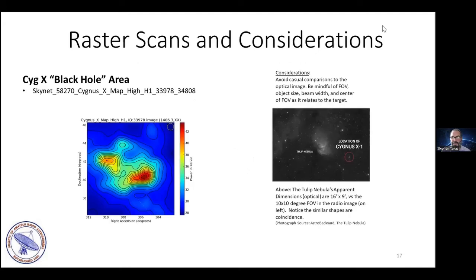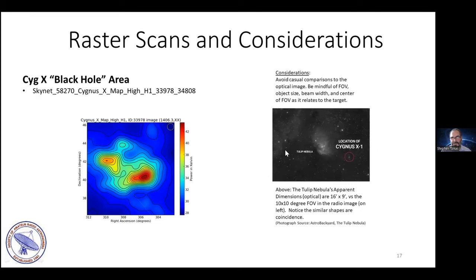Here's one. Next one here. Here's one. I just found this observation in Cyg X-1. It's a black hole. Obviously, the black hole you can't see in the optical or perhaps the radio. But the object on the right is an optical image of the location of Cyg X-1, and near it is this Tulip Nebula.